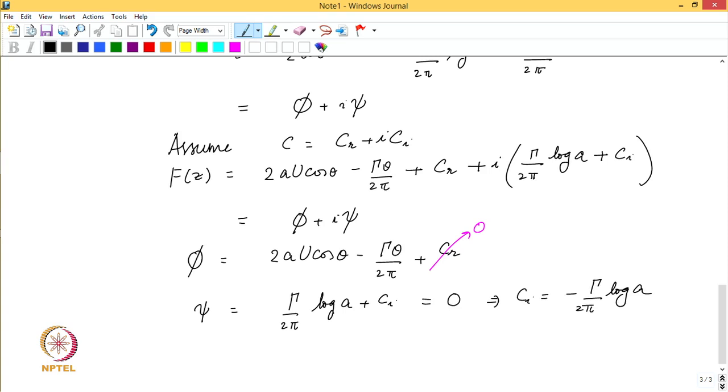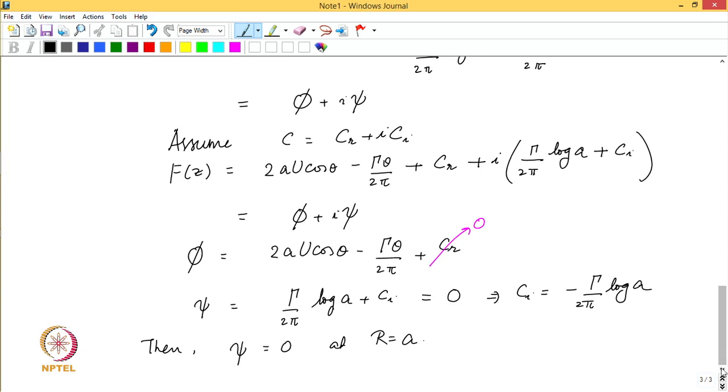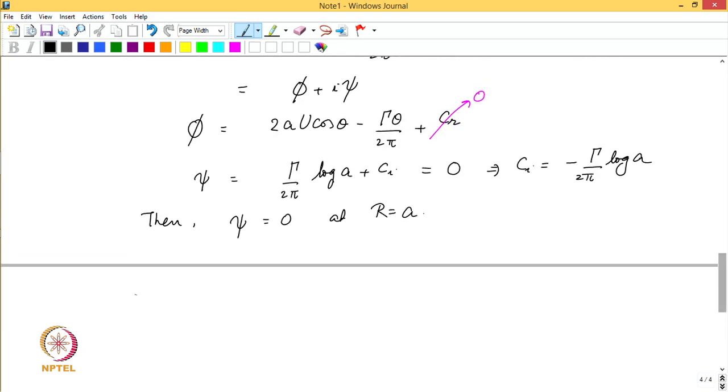Okay. So, that should be the imaginary part of this number. So, if we choose it in this way, then psi becomes 0 at a distance of r equal to a, and in such a case our complex potential f of z could be written as u (z plus a square by z) plus i gamma by 2 pi log of z.